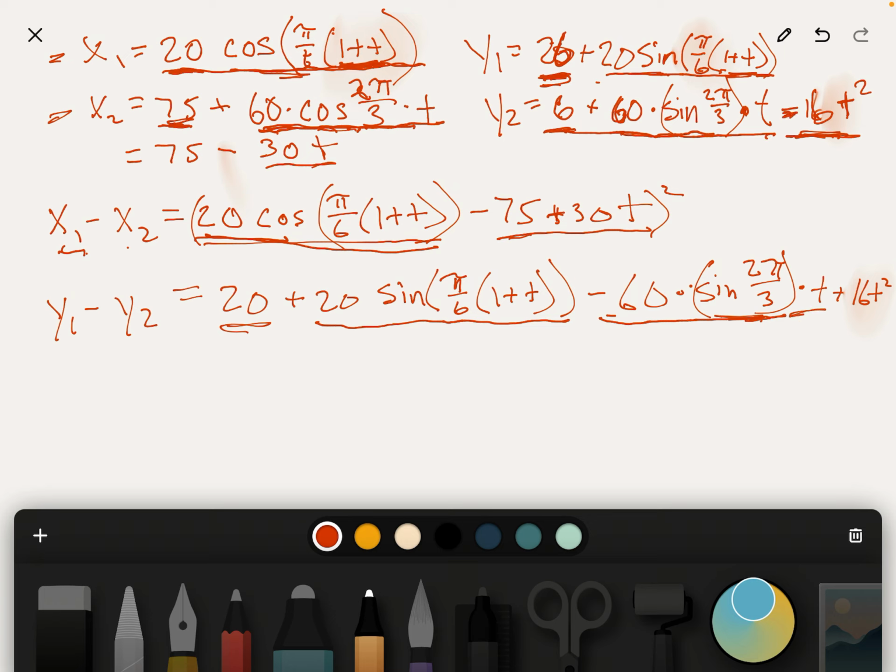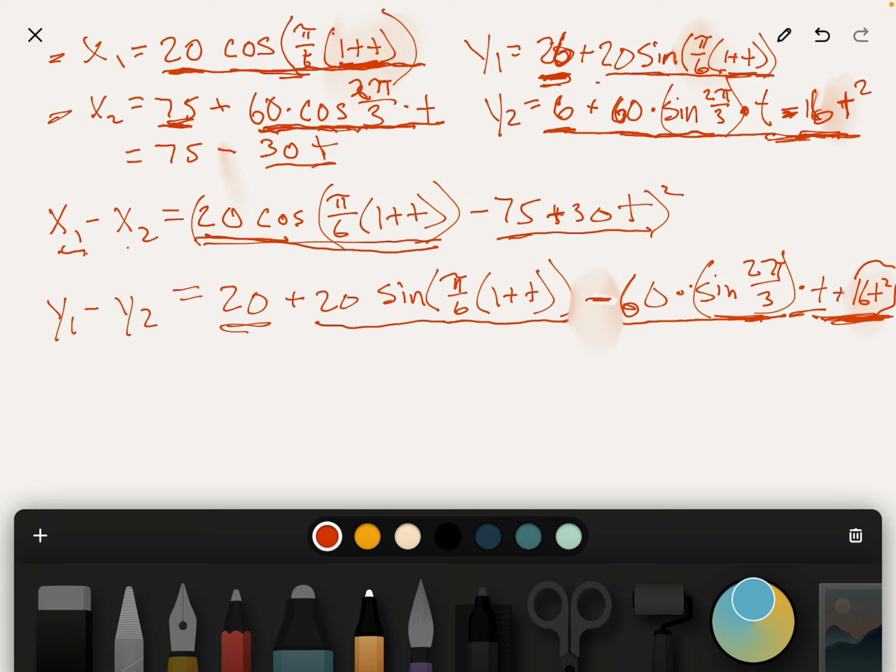But now this minus 16t squared up here becomes a plus 16t squared because of this minus sign here. Excuse me, I'm not saying it right, but you get the idea. This is a minus, but this quantity, 16t squared, is a minus 16t squared. That becomes plus 16t squared.